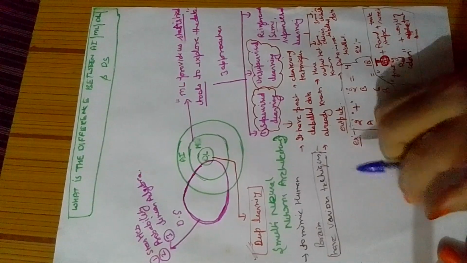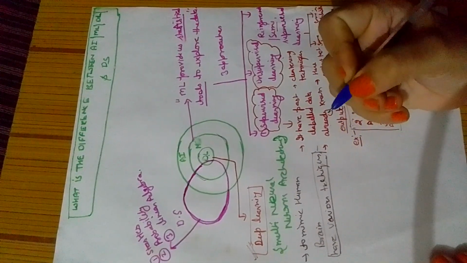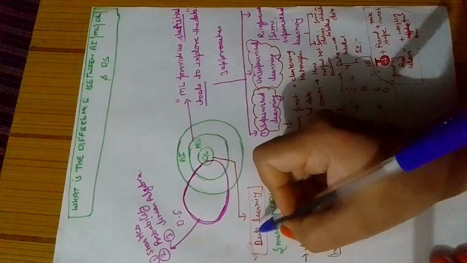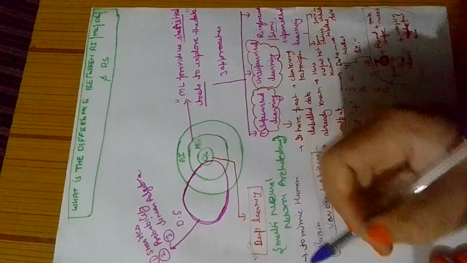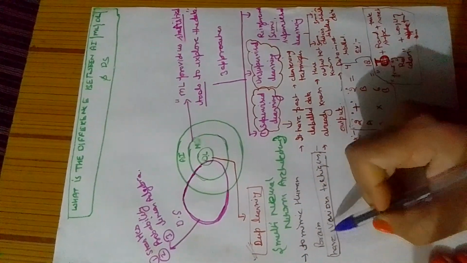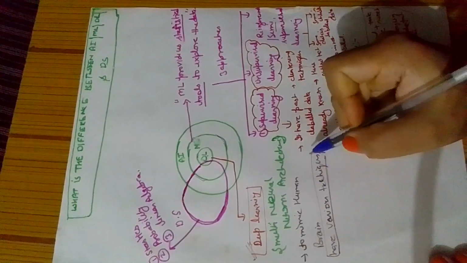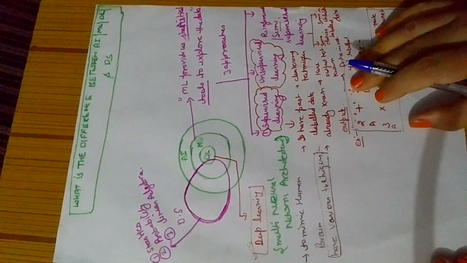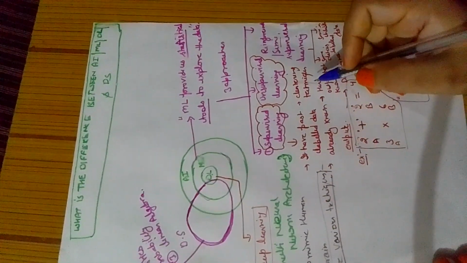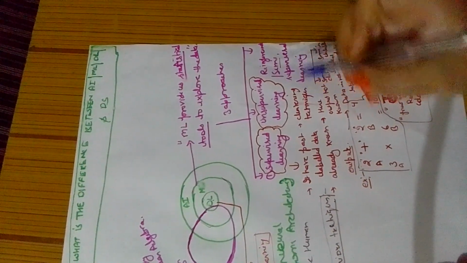So students, in this video I have left my previous video for the difference between AI, ML, DL and DS at the point where I have to tell you about the various techniques used in deep learning. Fine. Prior to that, I have explained supervised learning, unsupervised learning and reinforcement learning.